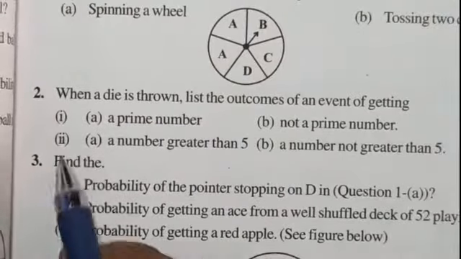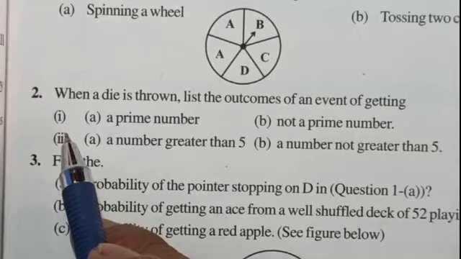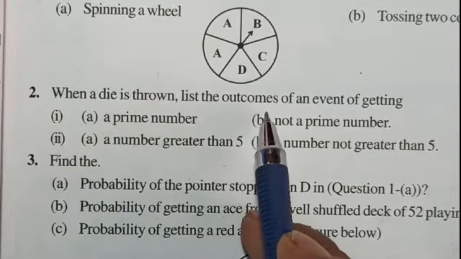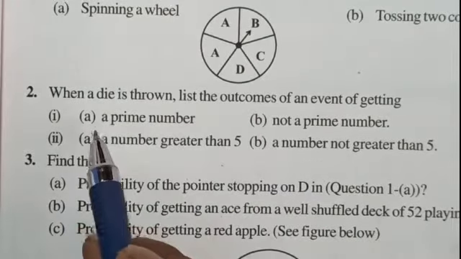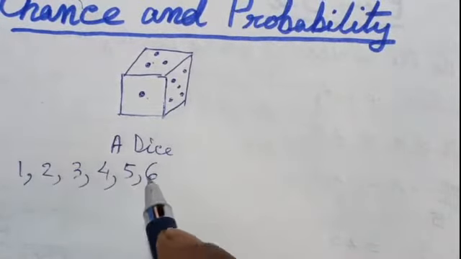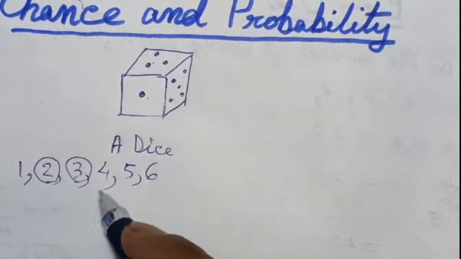So in Roman number 1, we have to list the outcomes of an event of getting a prime number. In 1, 2, 3, 4, 5, 6, the prime numbers are 2, 3, and 5.